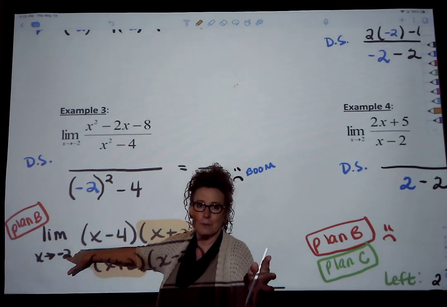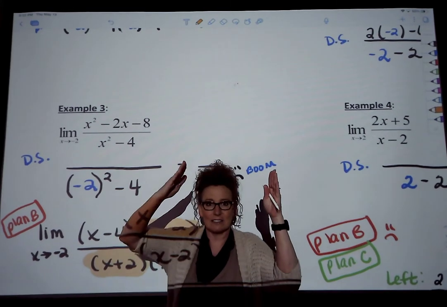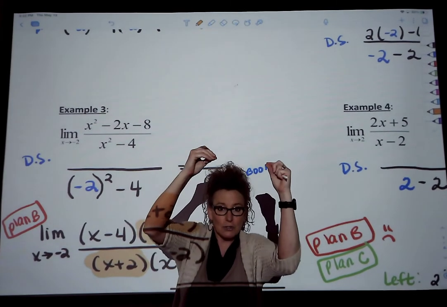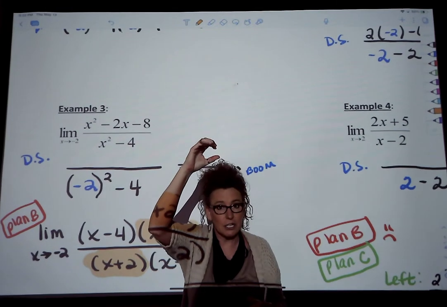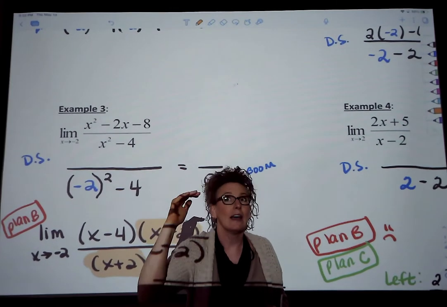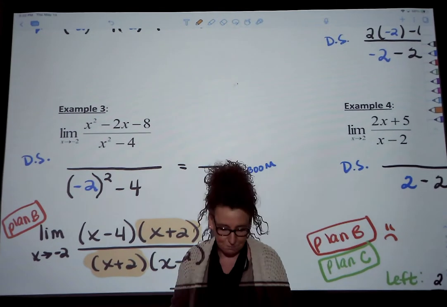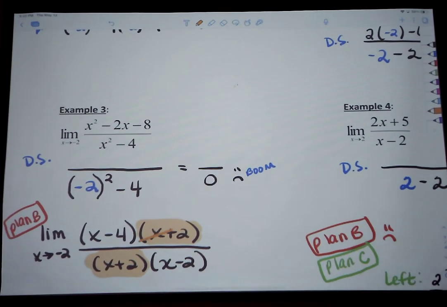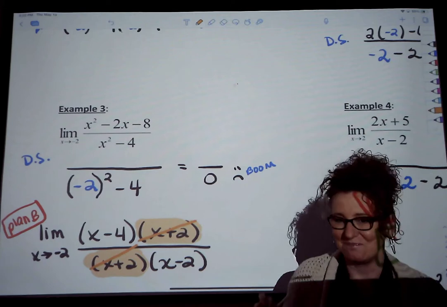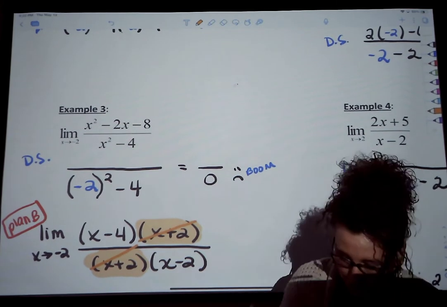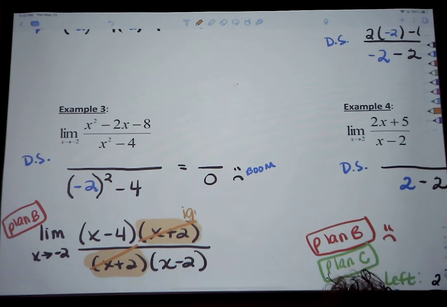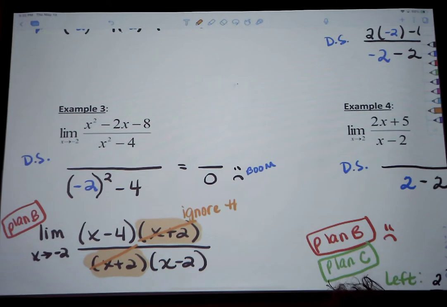I want to know, where are the y's as we get closer and closer and closer to this hole in the function? Where are the y's headed? So we're going to ignore the hole. So I'm going to cross them out, and I'm going to say ignore the hole.